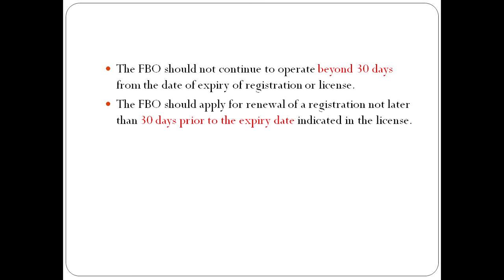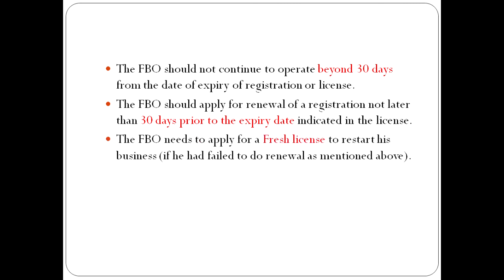He has to apply for renewal a month before, that is, prior to 30 days before the date of expiry. He should apply before October 30 itself. Please note that. Please note the dates and the time period required for renewal of license, and how much time he could operate after expiry.